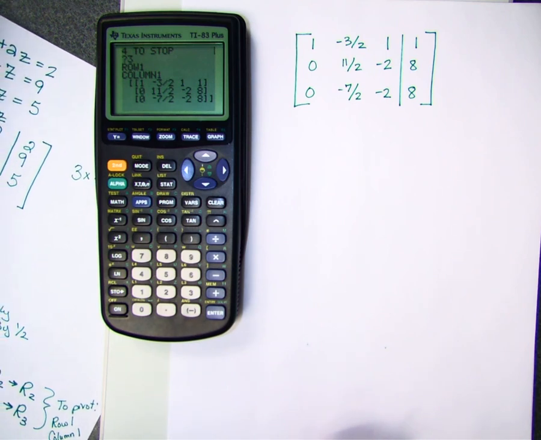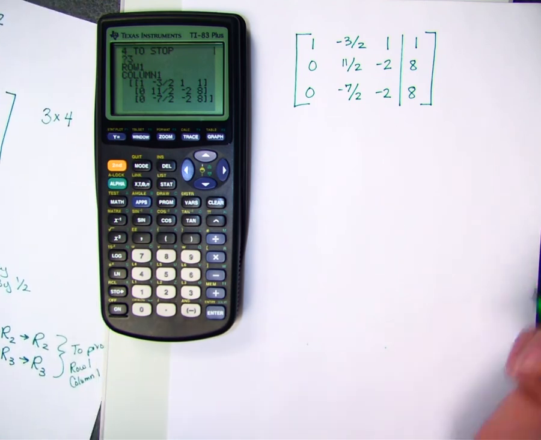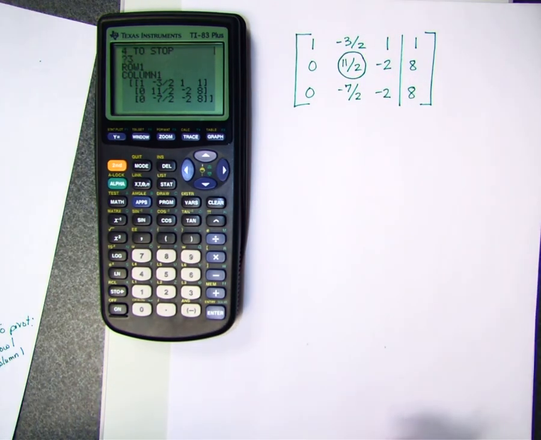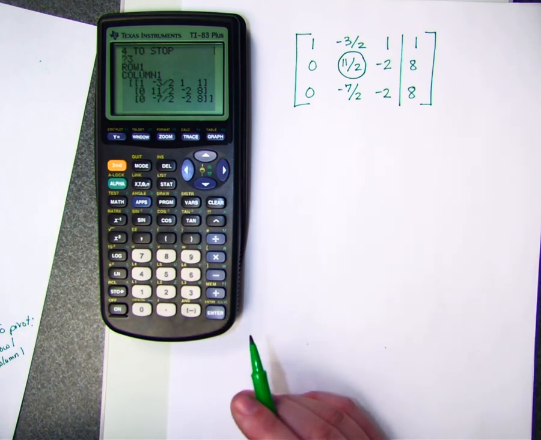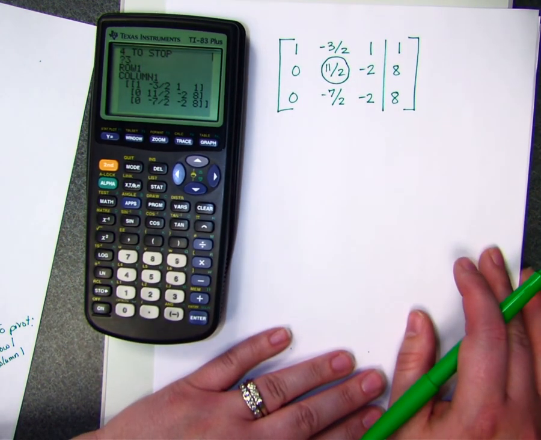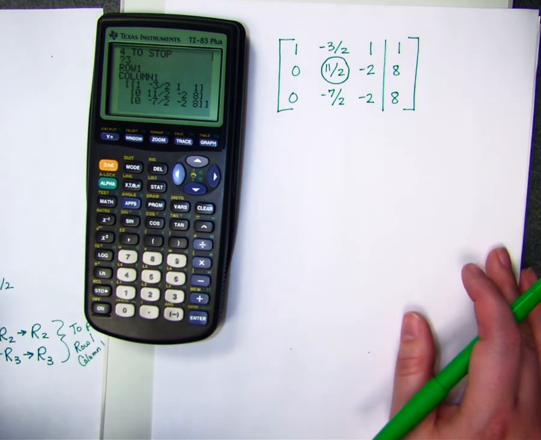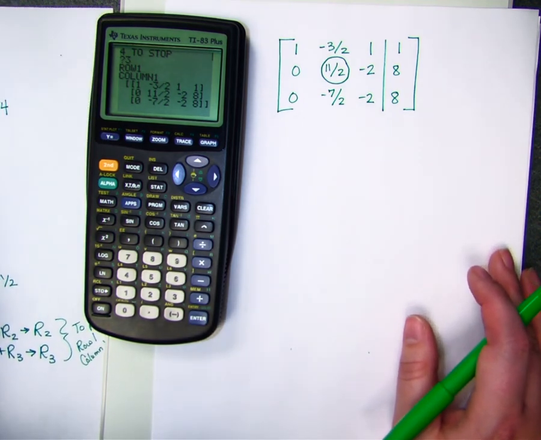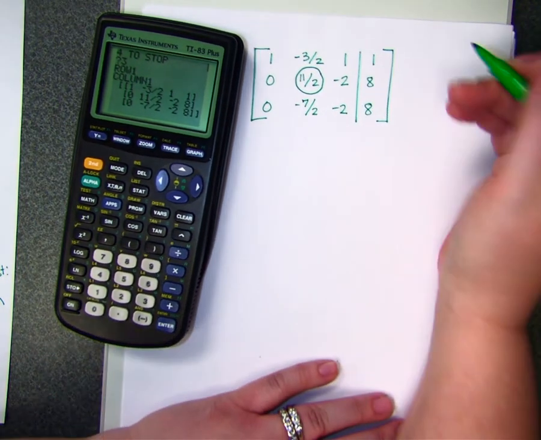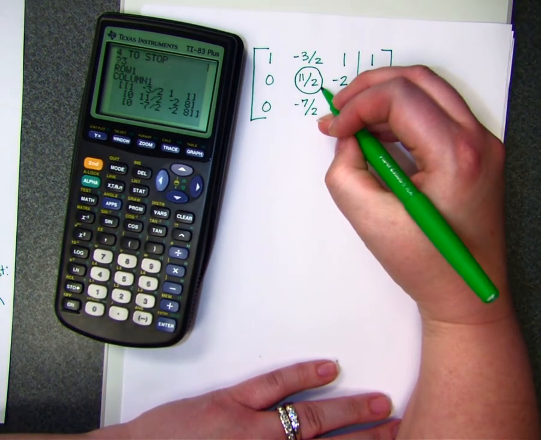So the next thing that we need to do is to turn this 11/2 into a 1. Because remember, every time we work in our columns and start a new column, we start by getting the 1, and then we work on getting the zeros. So how do we turn this into a 1?